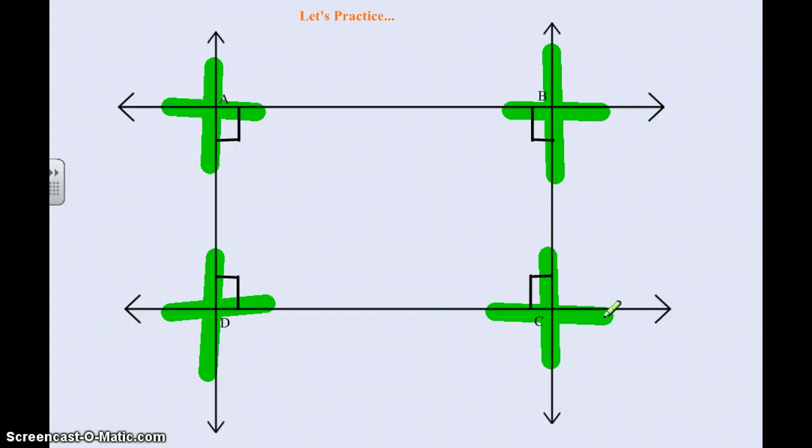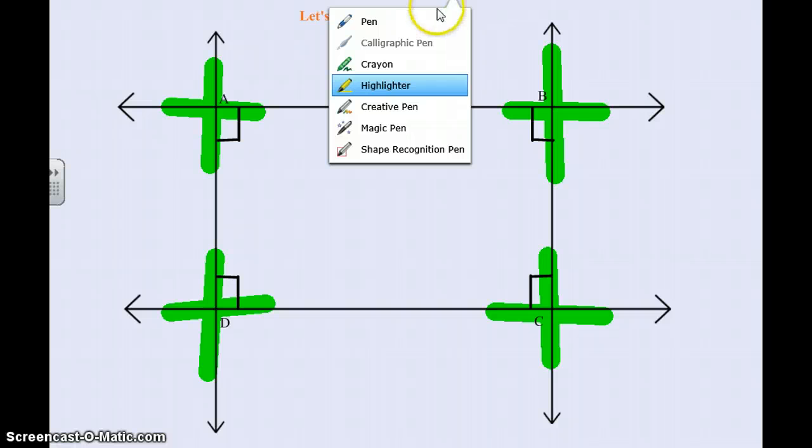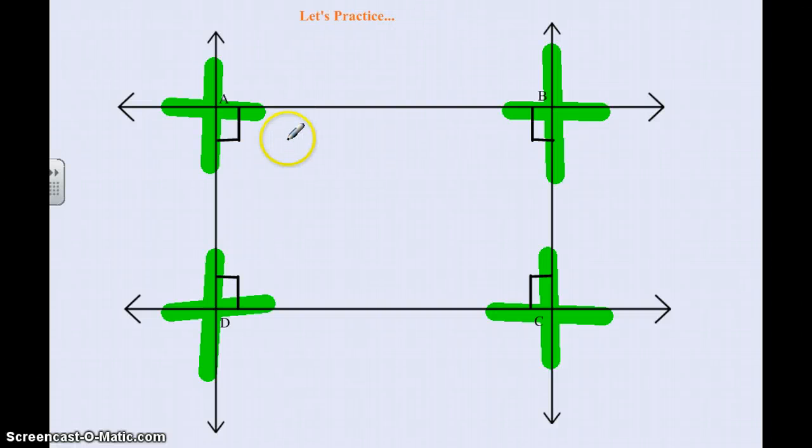Now we need to decide, are these intersecting lines perpendicular? If you remember, perpendicular lines have right angles. So we've got this right angle symbol here, a 90-degree corner symbol. So we know that this is perpendicular.